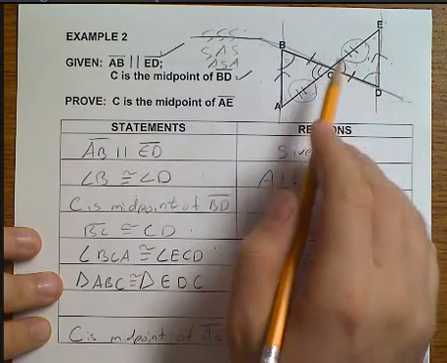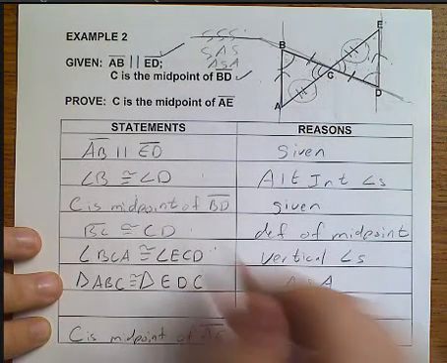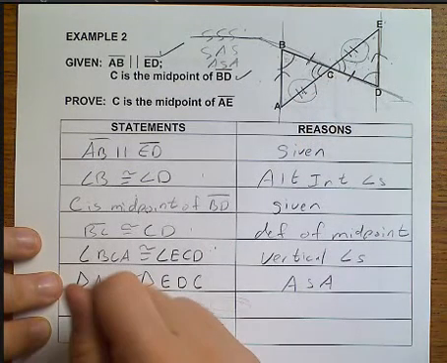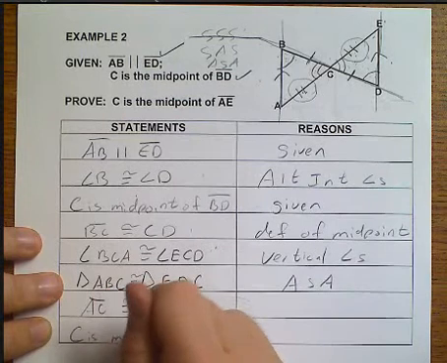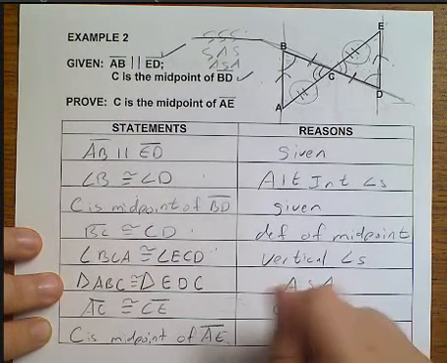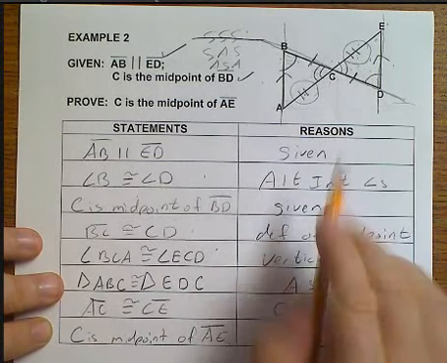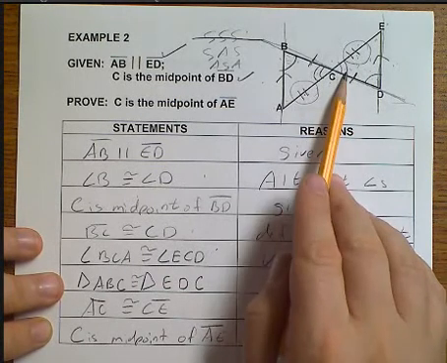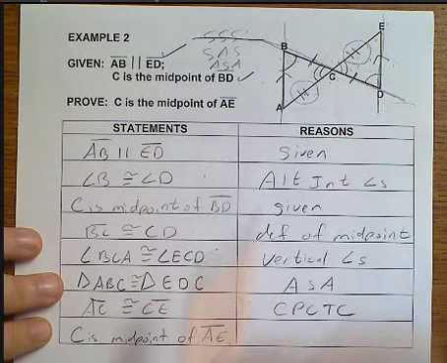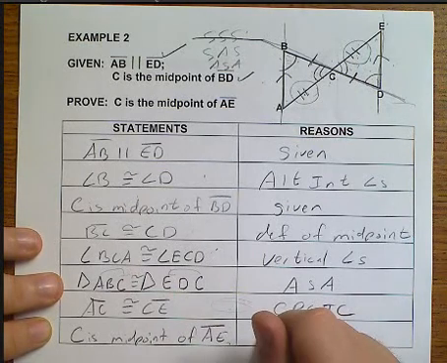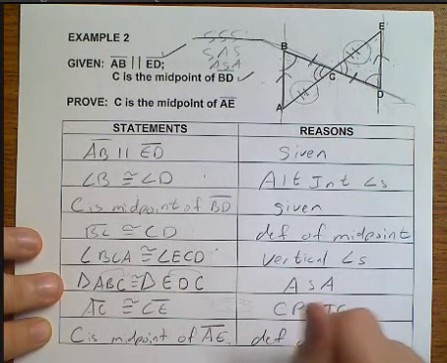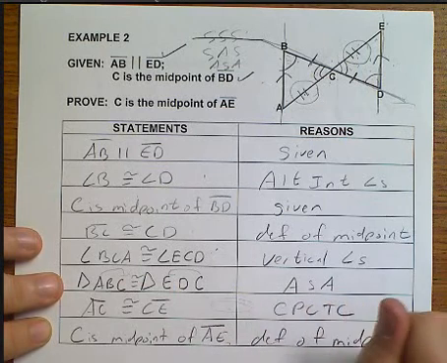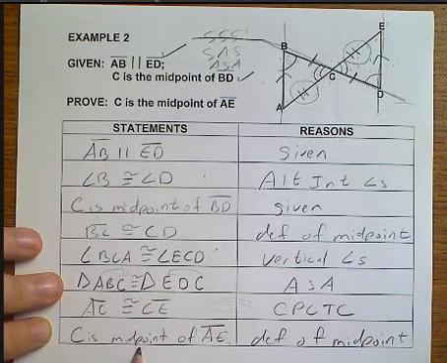And I know that these two are congruent because of CPCTC. So AC congruent to CE, CPCTC. I know that I've got congruent parts because I've got congruent triangles. And AC with CE. So, C is the midpoint because of the definition of midpoint.